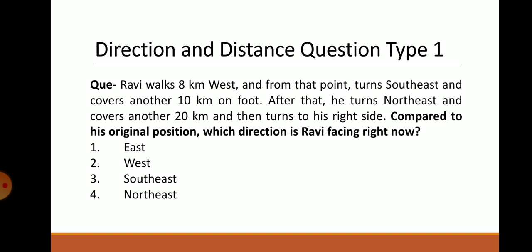Now after reading this problem, you have understood that there is one person who is moving towards certain directions, and it is asked to compare his initial position and final position, and in which direction his final position is compared to the initial position. So here no distance calculation, only direction you have to tell.